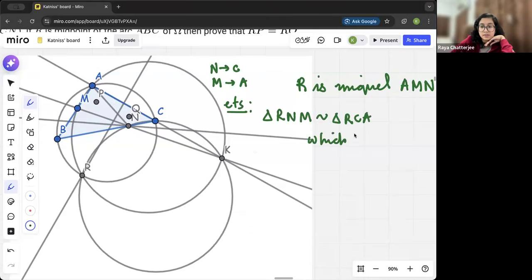By spiral similarity. Okay, no, I won't do that. I'm not as brutal. Wait.